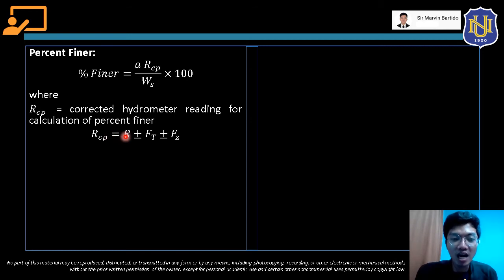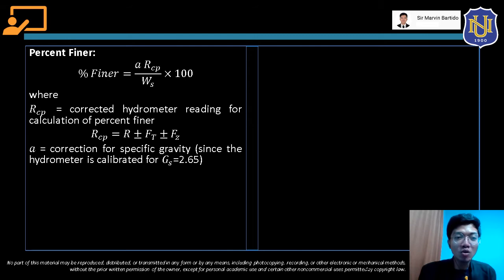This is equal to R plus or minus F sub T plus or minus F sub Z. So, yung R natin dito, ito yung reading natin sa hydrometer. Okay, and then yung F sub T, ito yung temperature correction, and then yung F sub Z, ito yung zero correction or yung correction due to the dispersing agent. Okay, so yan yung R sub Cp na gagamitin natin dito.